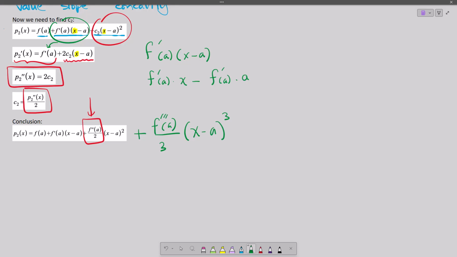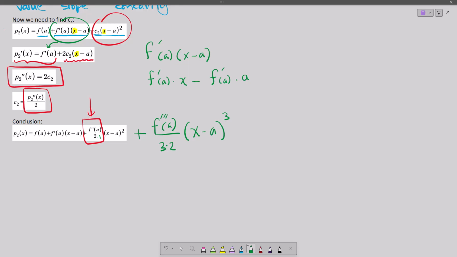There's one caveat. If you do this, you're actually going to end up with a 6 here instead of a 3. We are going to see that this is really a factorial in the bottom, not just the power, not just the order of the derivative. If you were to do the third and fourth, you'd see it's 3 factorial and then 4 factorial. So that is going to be our pattern.